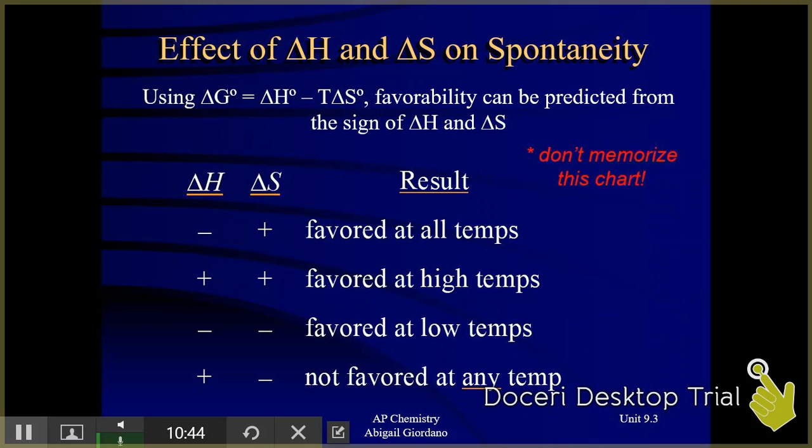Okay, last situation, negative delta H, exothermic, likely to be favored. But negative delta S means becoming more organized, not likely to be favored. So we've got this conflicting information again.